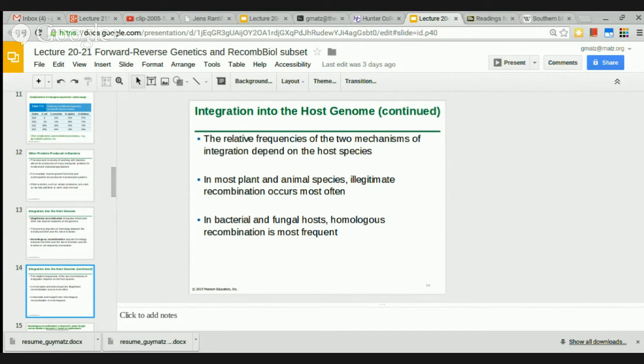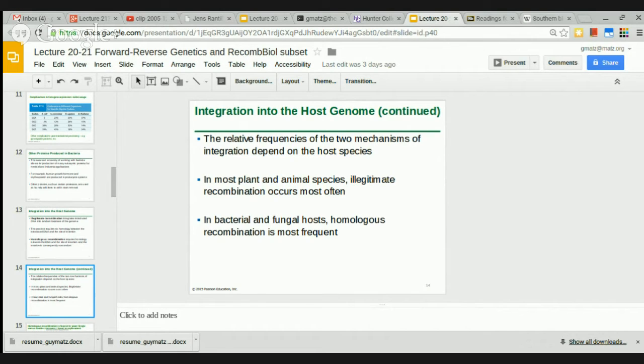In most plant and animal species, what happens is illegitimate recombination, meaning you're introducing a gene, it just goes wherever it feels like and integrates into the chromosome. Whereas in yeast and in bacteria, and particularly when we have those long BACs, we can get homologous recombination into a BAC.